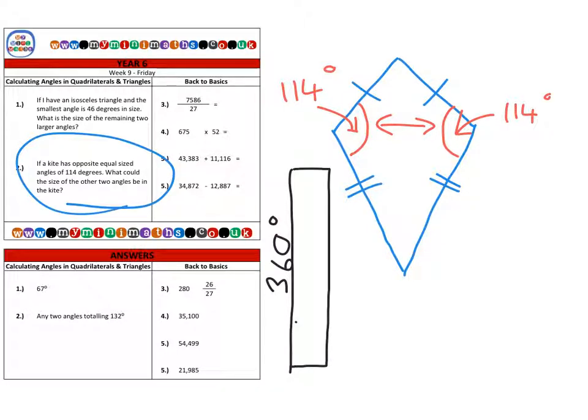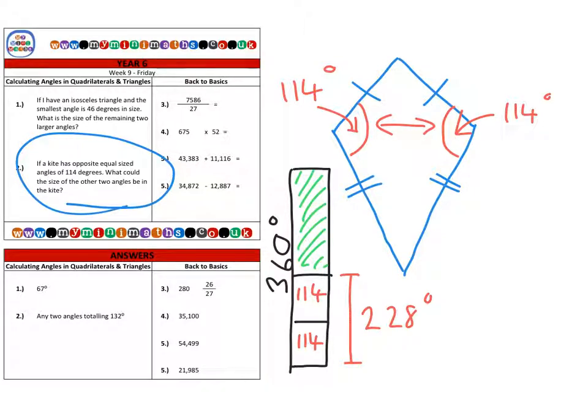And if I take my first 114 and my second 114, we know that these have a total of 228 degrees.